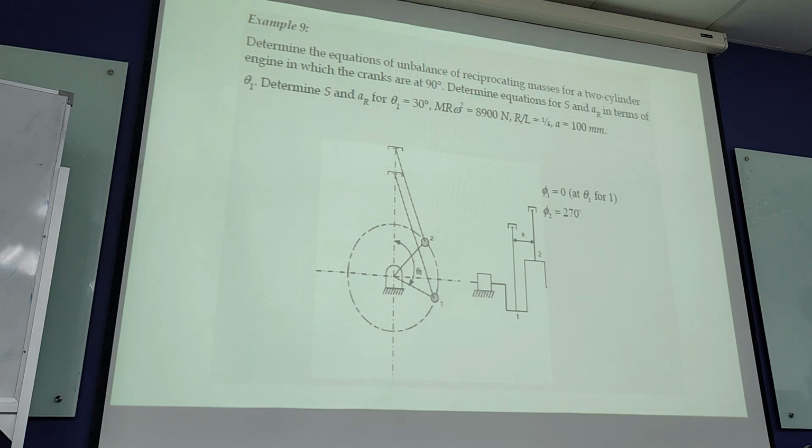So what is given? Theta 1 is 30 degrees, phi 1 is 0 and phi 2 is 270, and A is 100 mm, or you can write it in meters.